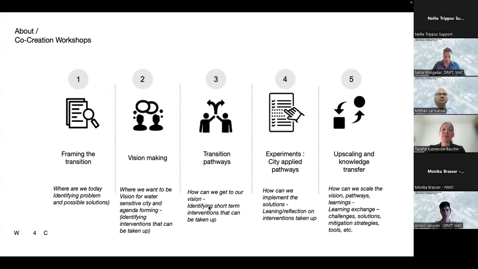How then from this vision can we co-design among all stakeholders pathways to achieve that vision, and what might be forms of upscaling the outcomes of that, also to different contexts, to different secondary cities in the Indian context, but also most likely to other places that could learn from the knowledge that we have been co-producing along the way.